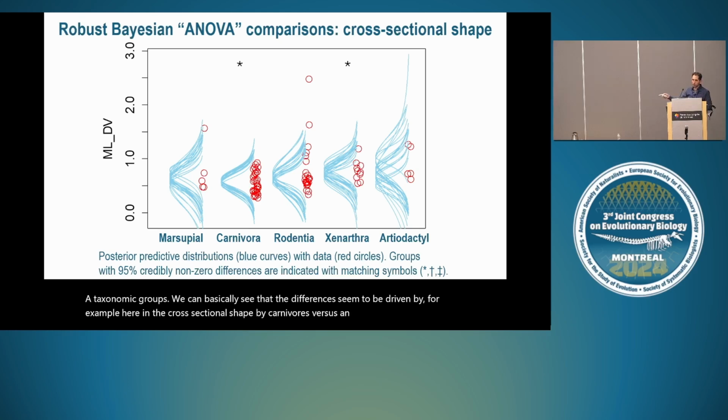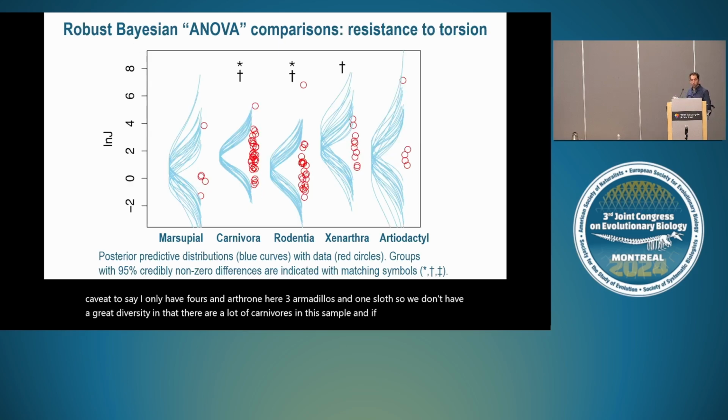Now, I should caveat that I only have 4 xenarthrans here, 3 armadillos and 1 sloth, so we don't have a great diversity in that. There are a lot of carnivores in this sample. And if we look at, for example, J, that torsional resistance, we can see that it's, again, being driven by differences between carnivores and xenarthrans, but also rodents seem to be playing a role too. So those orders, there's a lot of speciose diversity showing up in those orders. It seems to be relating to these selective regimes.